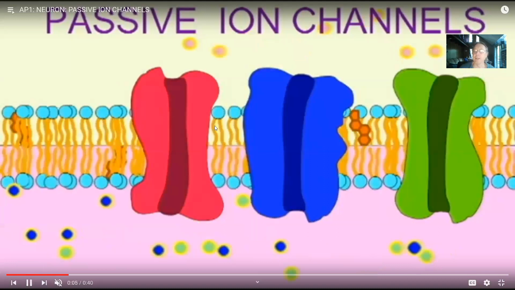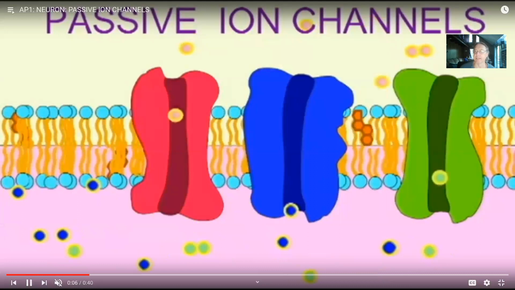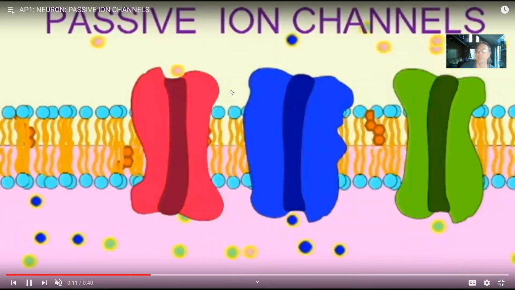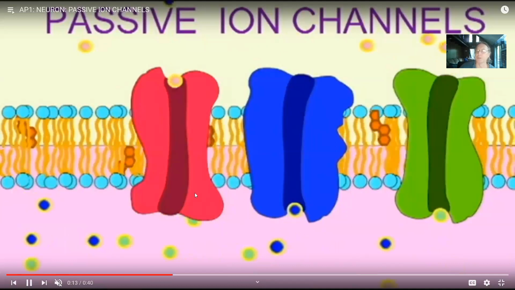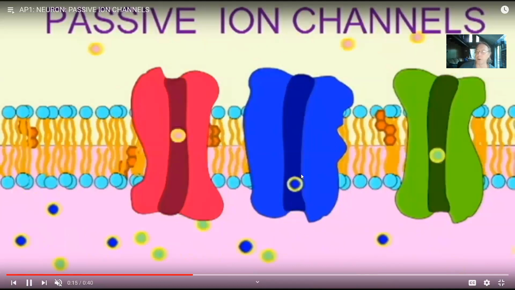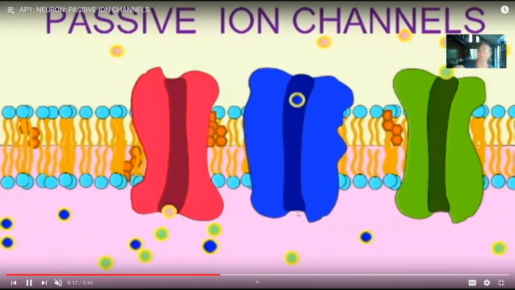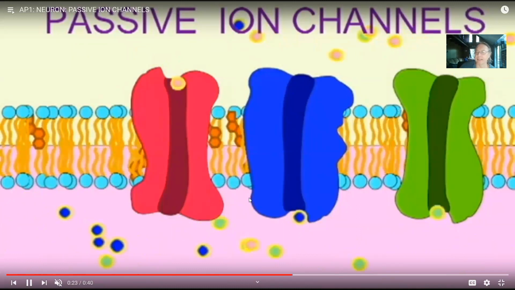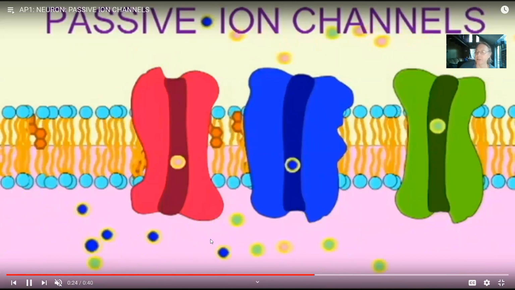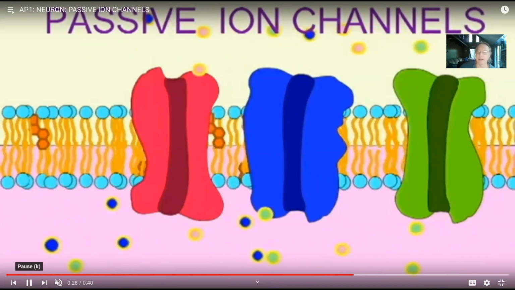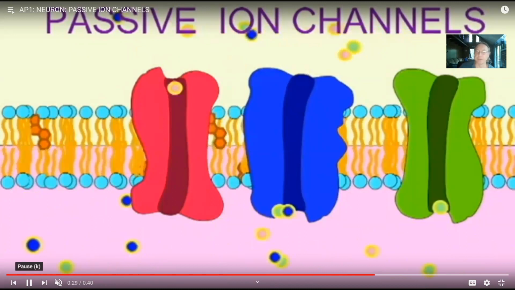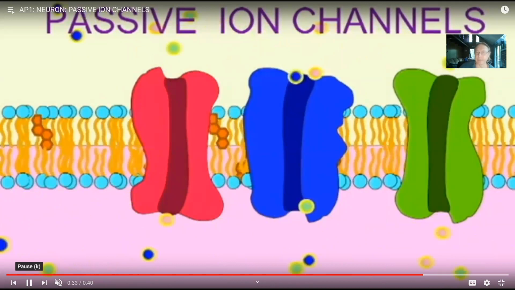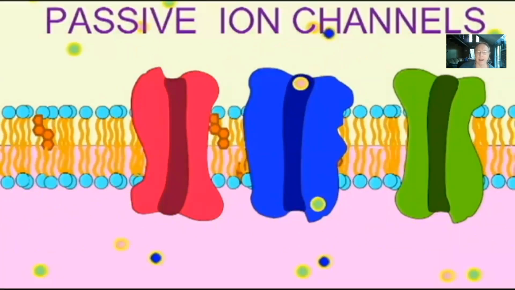So cells can then synthesize ion channels which allow the passage of these charged particles through the membrane. So the charged particles can pass through the membrane, but only in the proteins that the cell produces. And the cell can then decide which ion channels to make, how much of the ion channels to make.